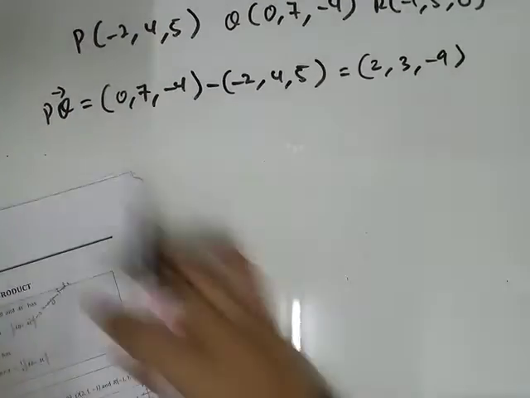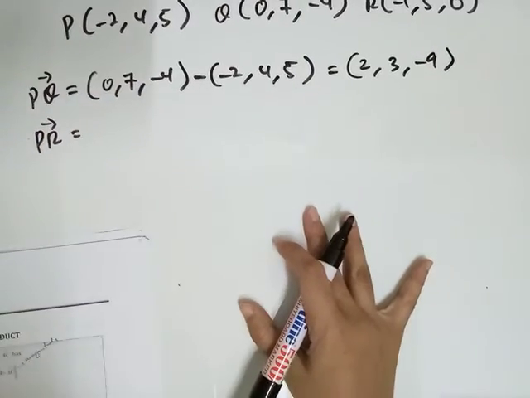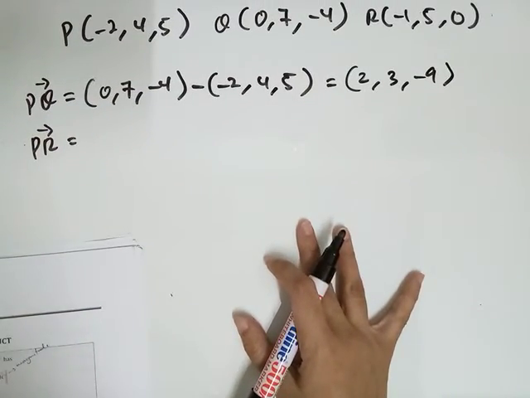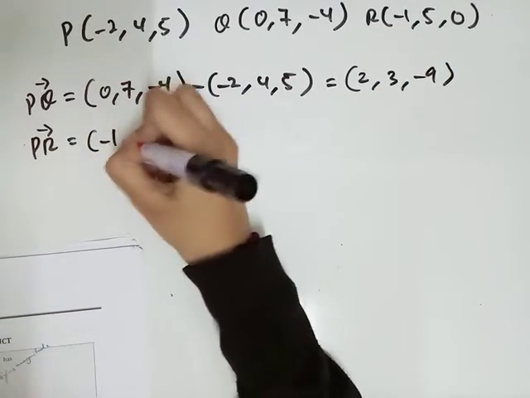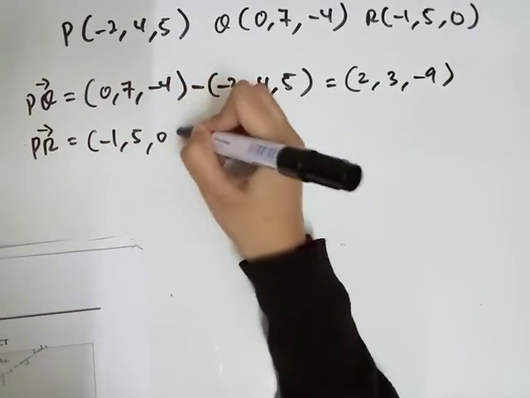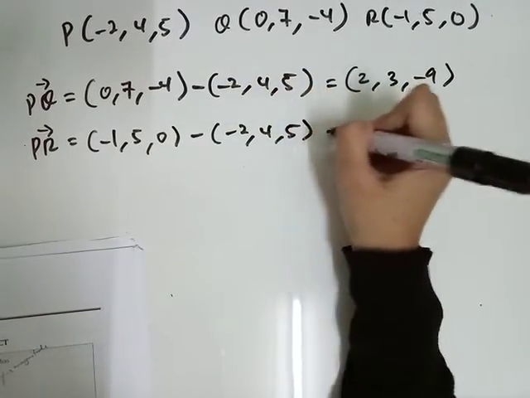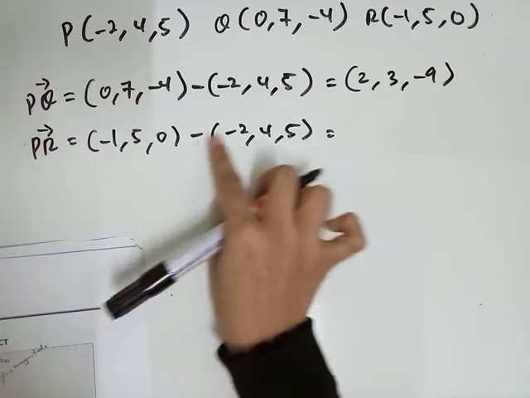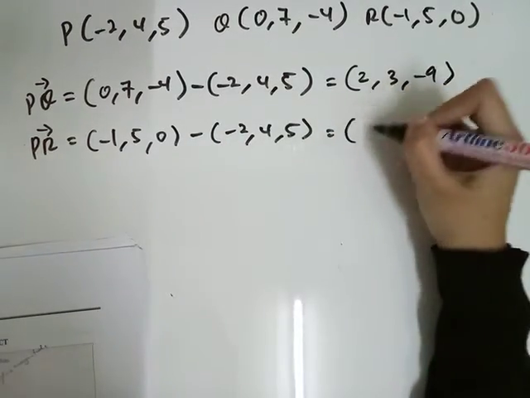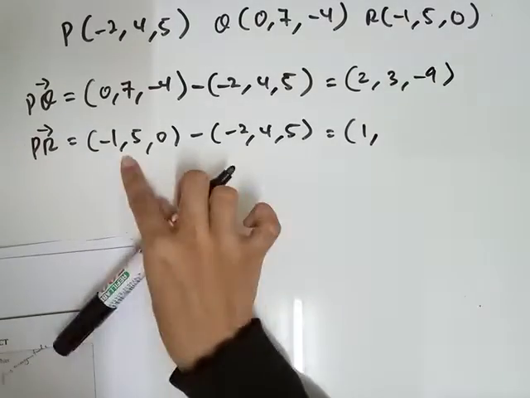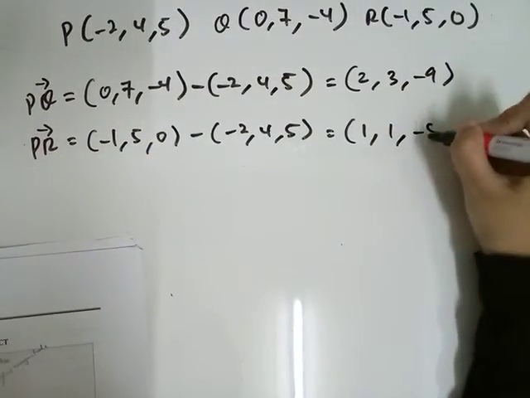Okay, and then vector PR is R minus P. Point R minus P, negative 1, 5, 0, minus negative 2, 4, 5. So, negative 1 minus negative 2. Negative, positive. So, negative 1 plus 2, you get 1. 5 minus 4, you get 1. 0 minus 5, you get negative 5.